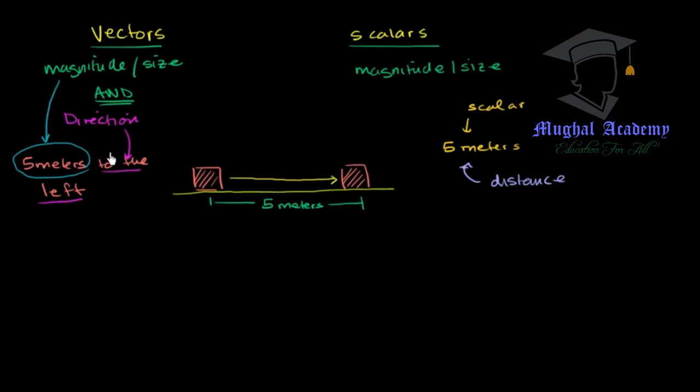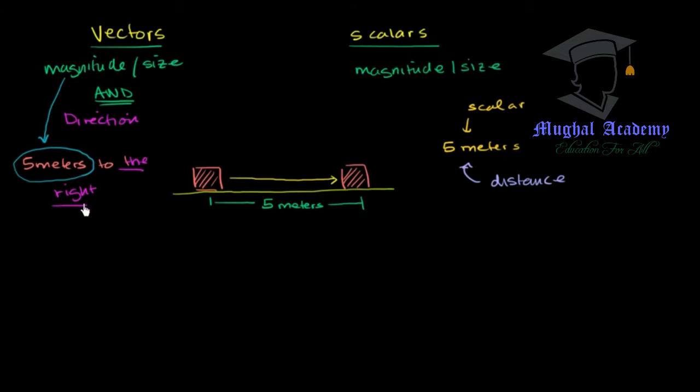So you now explicitly know that it went 5 meters to the, oh, sorry, it should be 5 meters to the right. Let me change that. So 5 meters to the right is what it got moved. It started here, it went 5 meters to the right. So once again, the magnitude is 5 meters, and the direction is to the right.